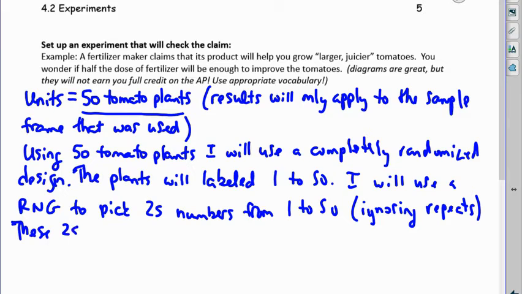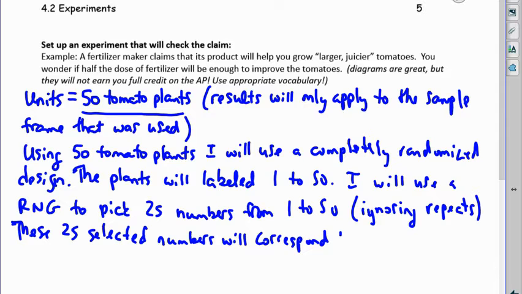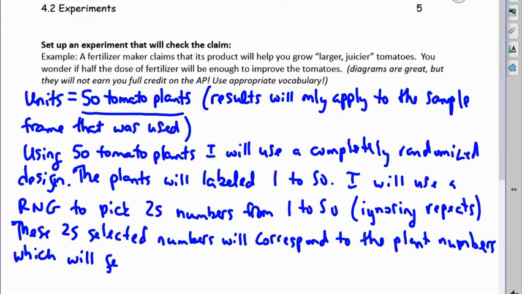These 25 selected numbers will correspond to the plant numbers which will get the fertilizer treatment.